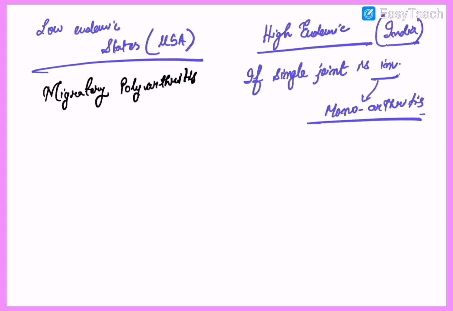That means we wouldn't have to wait for all the other swellings to confirm the diagnosis as arthritis. We can easily diagnose by just seeing or investigating any one of the swellings.